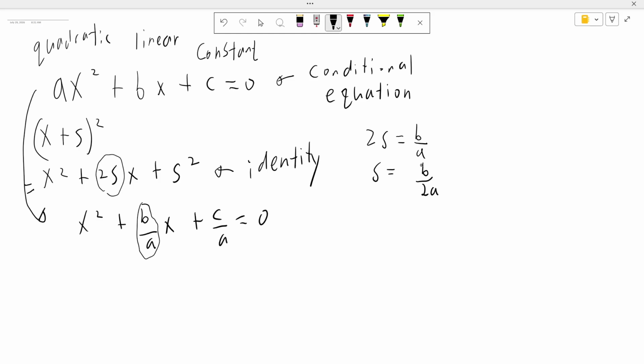Now if you plug this into here, then it's going to expand and it's going to result in this 2s becoming b over a. So let's just do that.